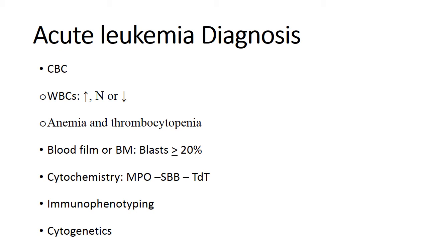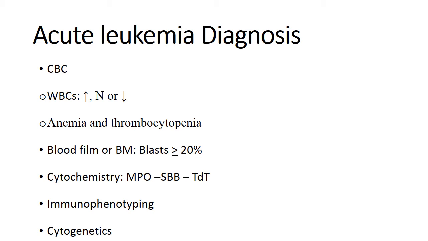Then acute leukemia may or may not be presented by leukocytosis. The blast cells infiltration of the bone marrow will inhibit the normal hematopoiesis, and thus the patient will be presented by anemia and thrombocytopenia. Anemia and thrombocytopenia are early presentations in the case of acute leukemia.